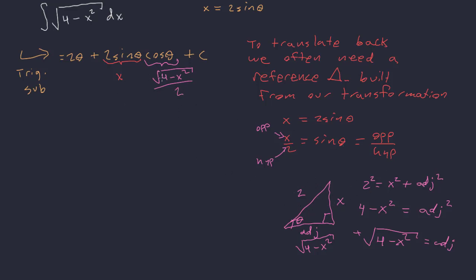Okay, so that's what our cosine theta is going to be. And now the last piece we have is this 2 theta. Okay, well, the 2 theta we can actually get with an inverse trig. All right, so if we go back to this version of it, all right, let me rewrite this.